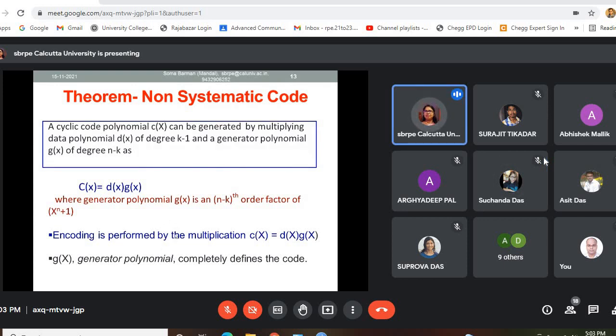Now, what is the theorem of the non-systematic cyclic code? The theorem of the non-systematic cyclic code is that the cyclic code polynomial Cx can be represented by multiplying the data polynomial dx of degree k minus 1 and a generator polynomial gx of degree n minus k, as Cx equal to dx times gx.